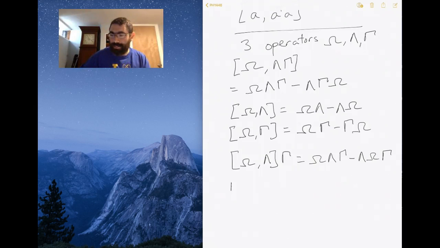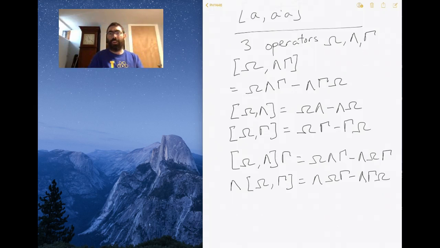And if I take lambda and multiply it by omega gamma, then I get lambda omega gamma minus lambda gamma omega. So all I've done is take the commutator and then multiply it from the left by the operator lambda.